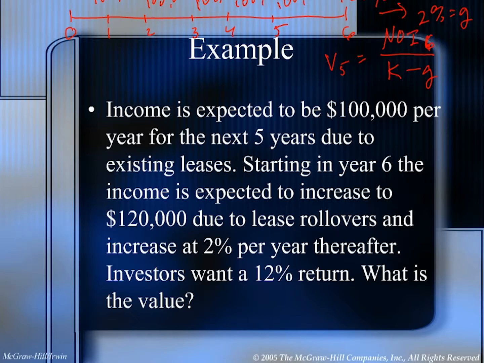So we could say if we take the NOI in the 6th year and divide it by the required return minus the constant growth rate, that would give us the value of all the cash flows from the 6th year on at time 5. Right? So we got the value at time 5 of those cash flows. So now we have all the cash flows that we actually expect through years 1 through 5, and then we also have at time 5 the present value of all the future cash flows. Let's put that together on the next page.